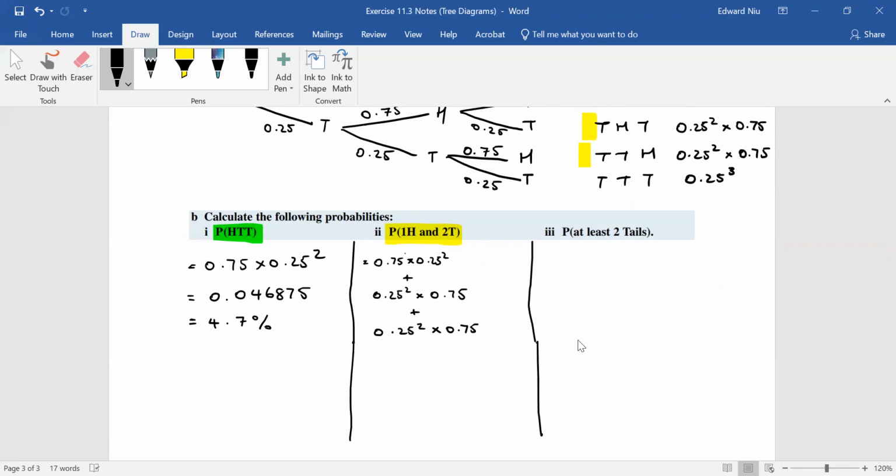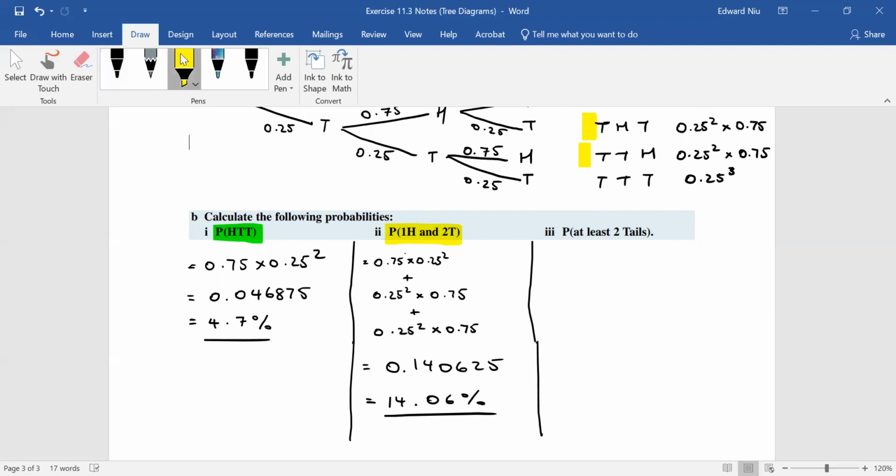All right. So input everything into your calculator. So 0.75 times 0.25 squared plus 0.25 squared times 0.75 plus 0.25 squared times 0.75. This will give us an answer of 0.140625, which is 14.06%. Okay, and it doesn't tell us what to round to. 1 or 2 decimal places will do.